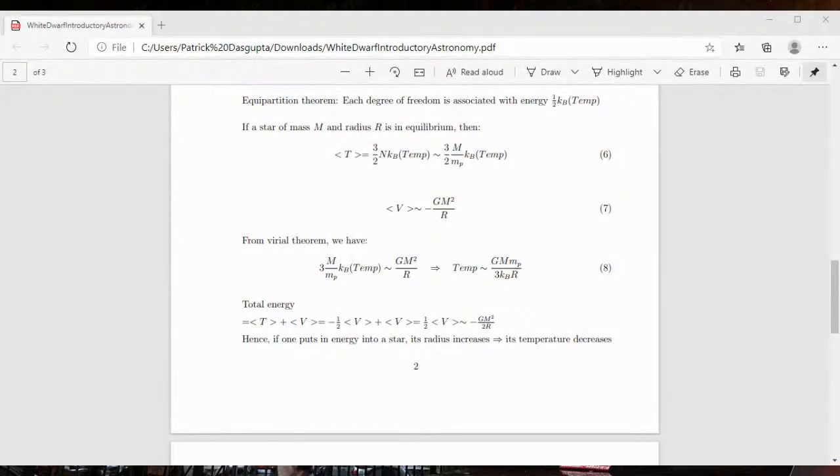So when in my last talk I was talking about v squared equals GM by r, that was assuming that the stars were far away from the event horizon of the Milky Way black hole. Once you go close to it, you have to do a full general relativistic calculation.